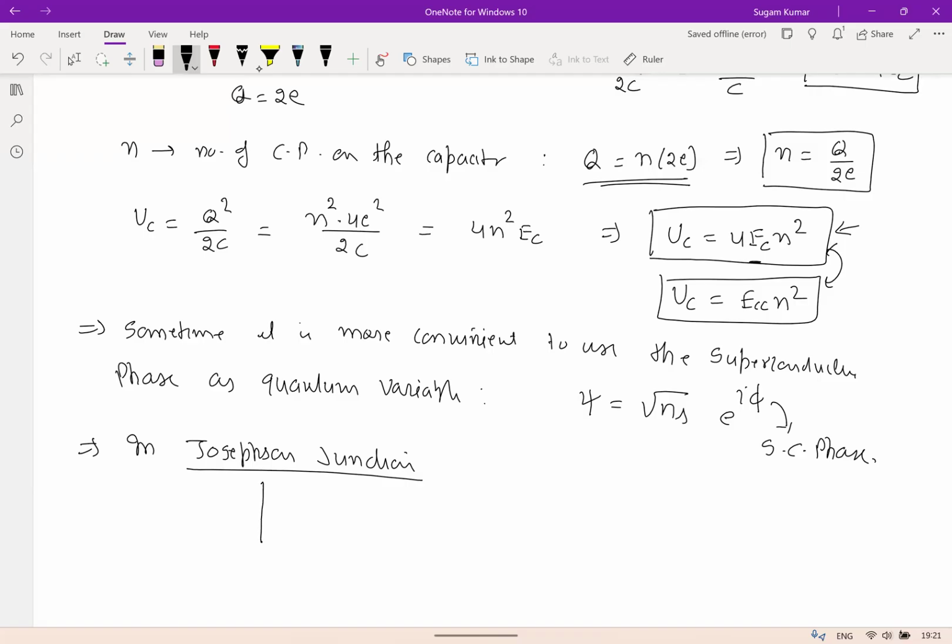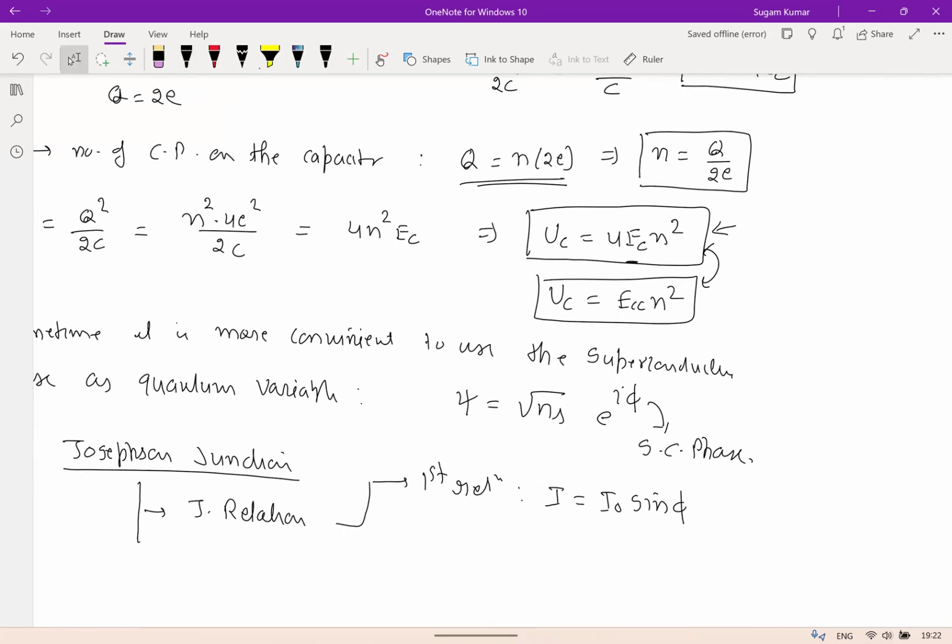There are two relations. They are called the Josephson relations. The first relation is I equal to I naught sine phi. This actually relates current versus phase.